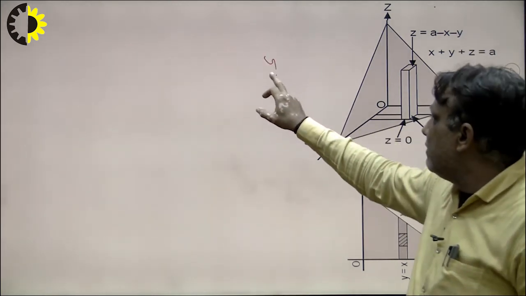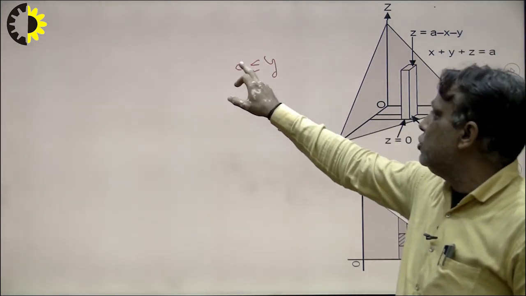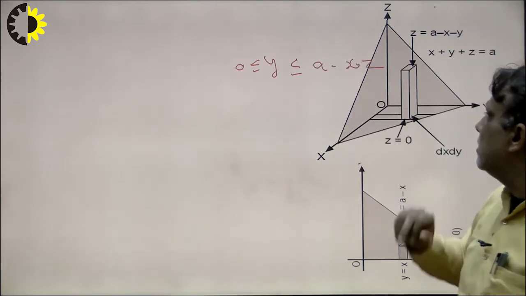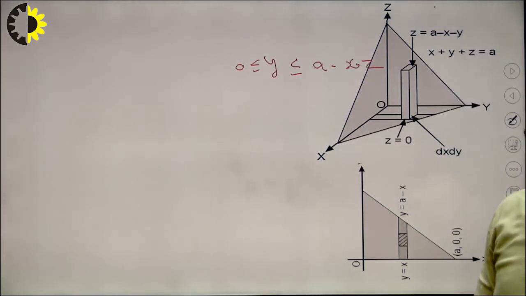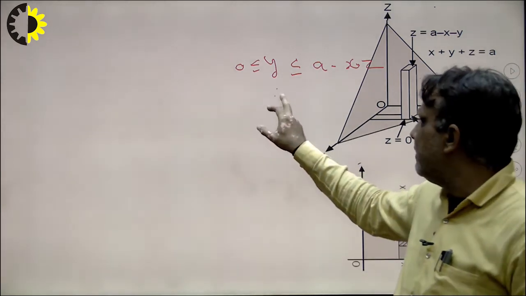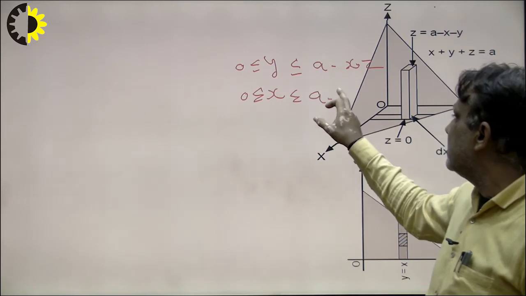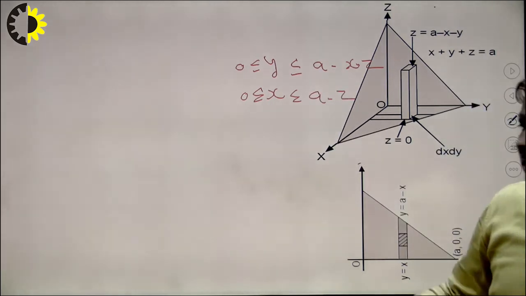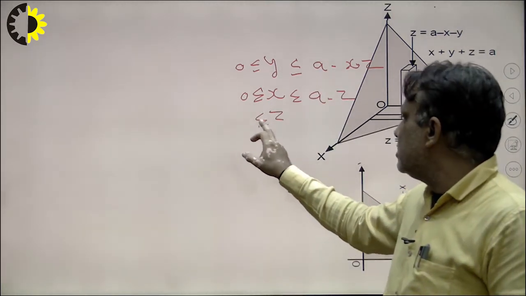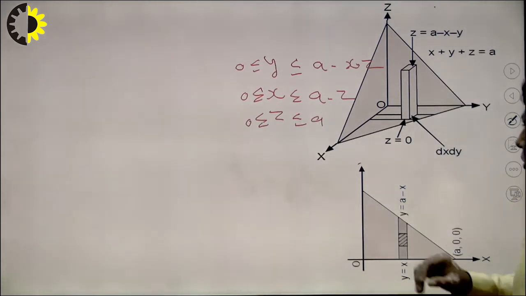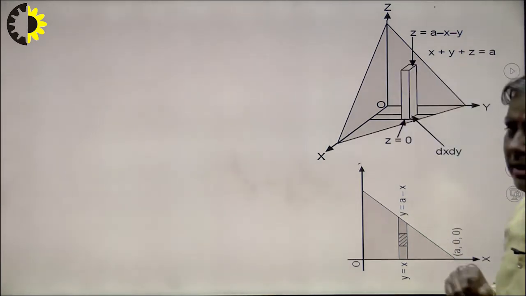Suppose I want to calculate y first, so 0 to a minus x minus z, that is the rule, right, and after this we take x. The value of x is greater than, and this is a minus z here, and the value of z will be 0 to a. So in this way we can take the limits in any order and find our problem one by one.